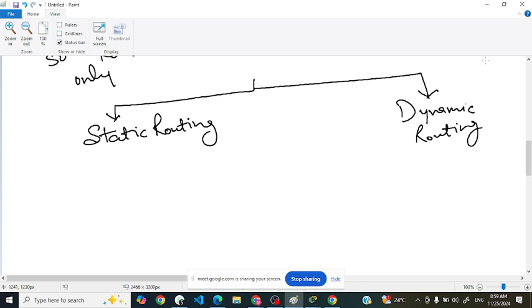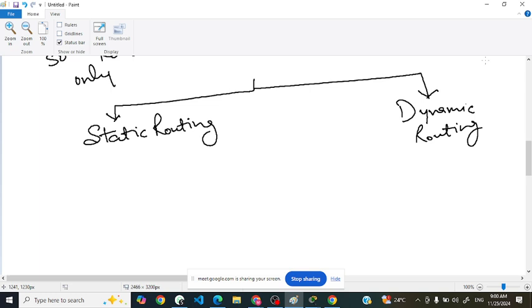We need to manually configure the route in all routers, but in dynamic routing, we only need to configure the routing protocols; it will automatically multicast these messages. But in static routing, we need to manually configure each and every router.